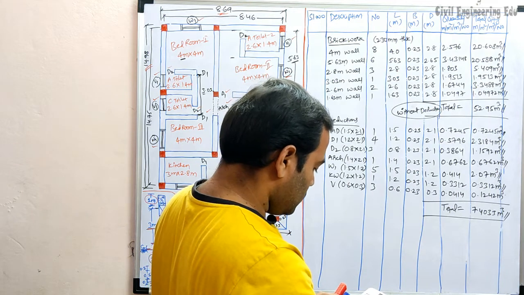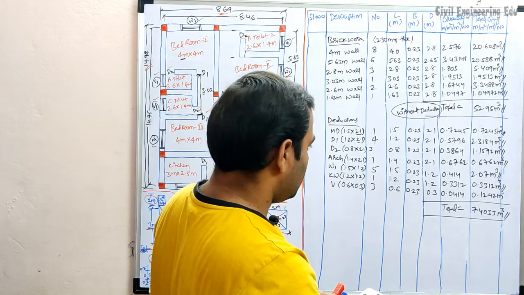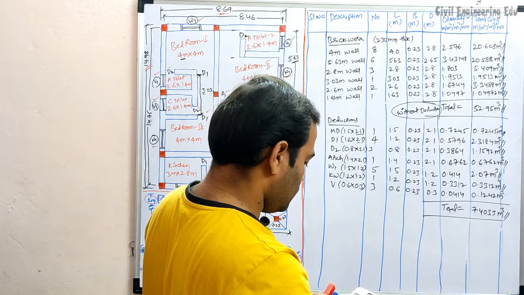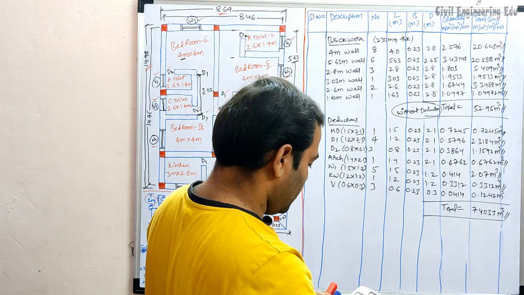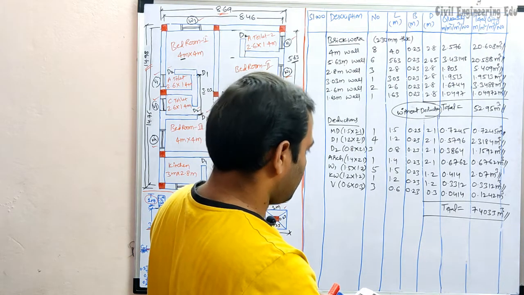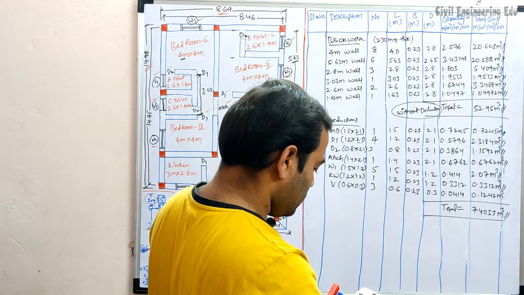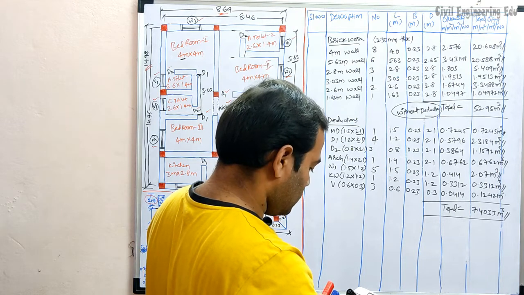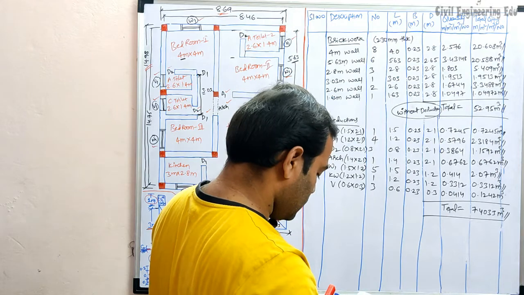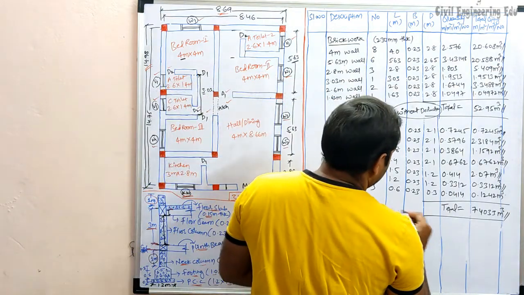So these are deductions: 0.1242, 0.3312, 2.07, 0.6762, 1.1592, 2.3184, and 0.7245.